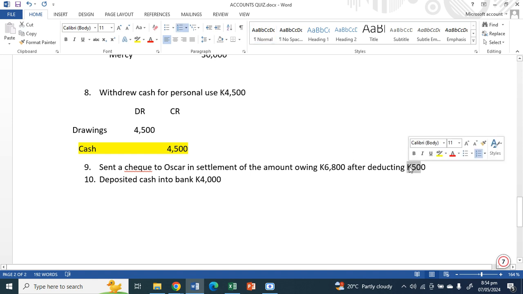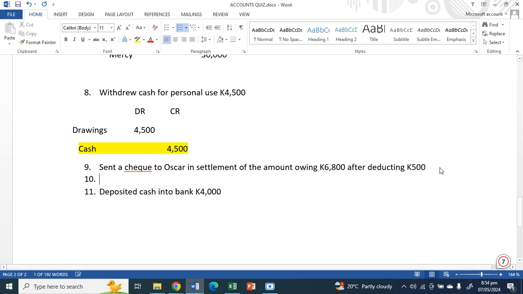Remember, a discount is received when someone we owe money, usually our suppliers, reduce the price for us. That's our discount received. And discount received is treated as a form of income because it's like a form of saving for you. So that saving will be treated like income. And remember, according to the double entry rules, income is credited.